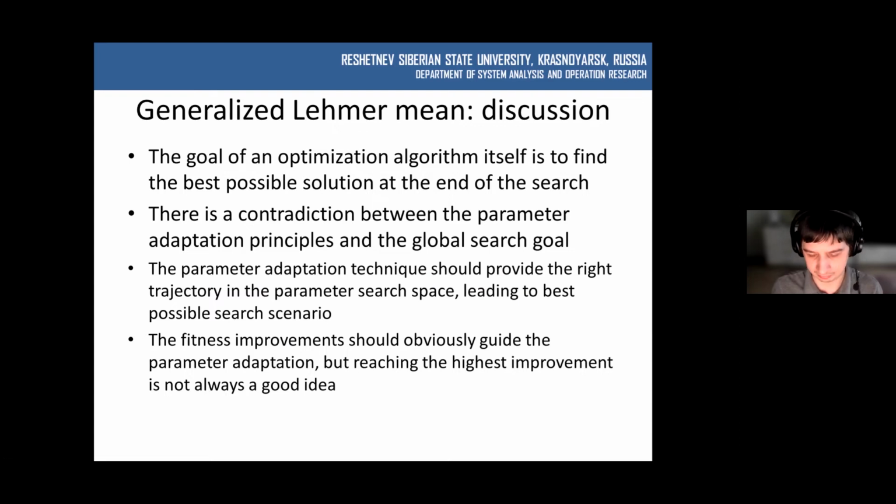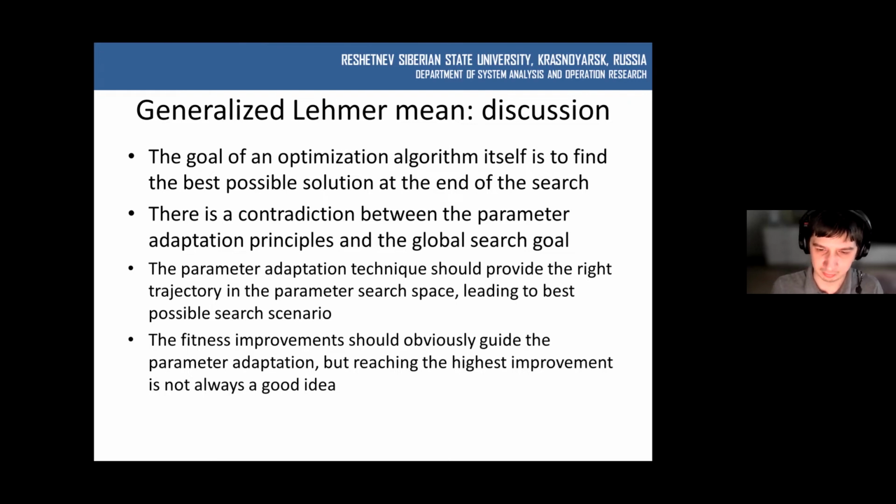We're chasing improvements of fitness, and this may lead us to cases when we are not thinking in advance. We are not thinking where these improvements may lead us. It's like we're using a greedy strategy, trying to achieve more and more improvements in fitness values.